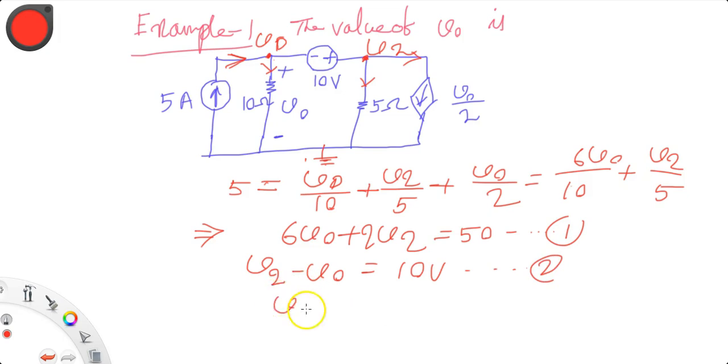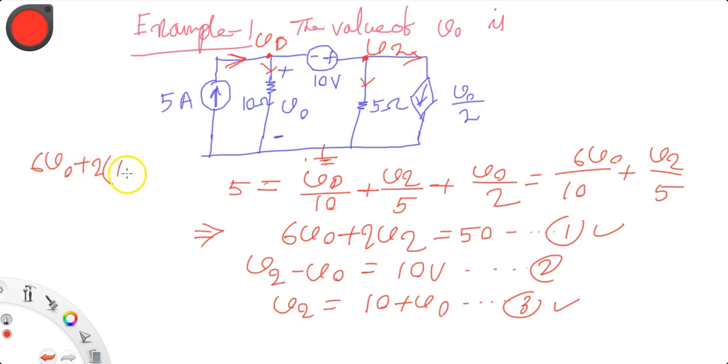So V2 is equal to 10 plus V0, equation 3. Using equation 3 in equation 1, we have 6 V0 plus 2 into 10 plus V0 equal to 50.